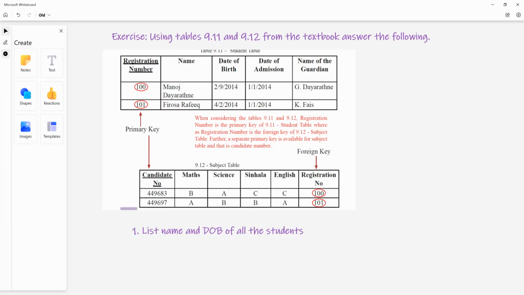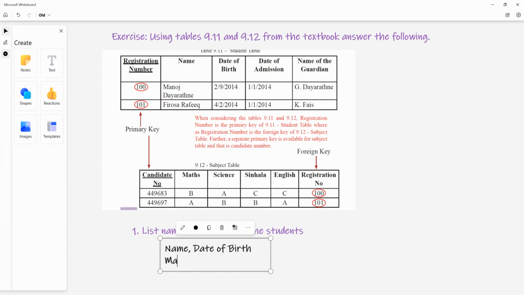Okay, I got the answer from Jonal. Name and date of birth. So if you ask this, here is the answer you will get: name and date of birth. What are the names?